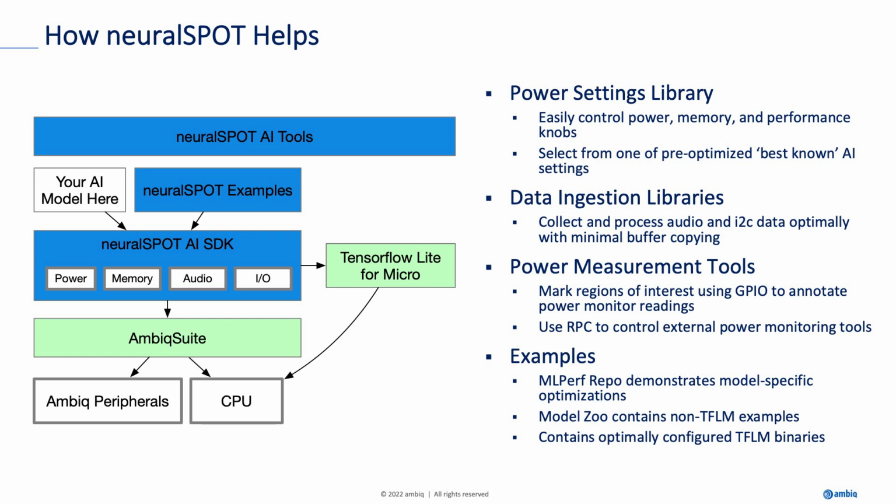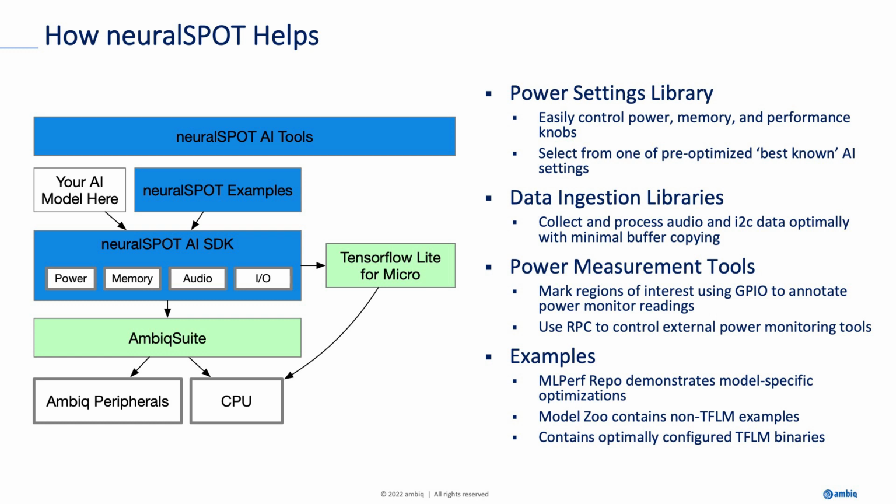We have examples that show how we've done optimization for different kinds of models and applications, and you can use those as a reference. And then we have an SDK that lets you do all kinds of power optimization and so on. In general, that's for all of AI.